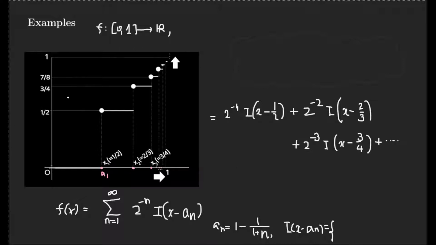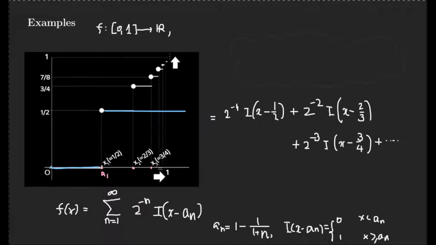If x is smaller than 1 over 2, the result is clear, because if x is smaller than a_n, it spits out 0. But if x is more than a_n, it spits out 1, multiplied by a half. If x is more than a half, the graph is plotted here.